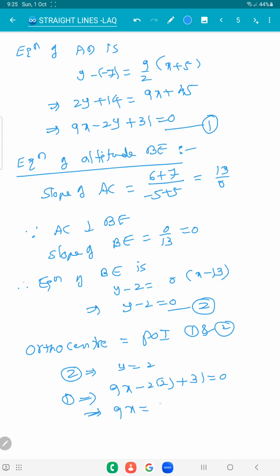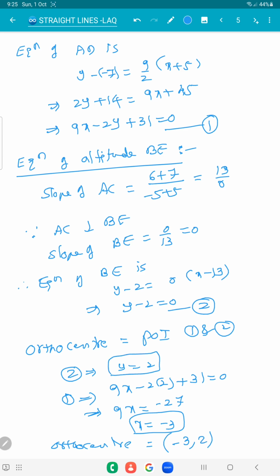So 9x is equal to minus 27. So x is equal to minus 3. Therefore orthocenter is equal to minus 3 comma 2. Observe that sometimes we may not get y directly. In that case we have to use the cross multiplication method, elimination method, or substitution method to find the point of intersection.